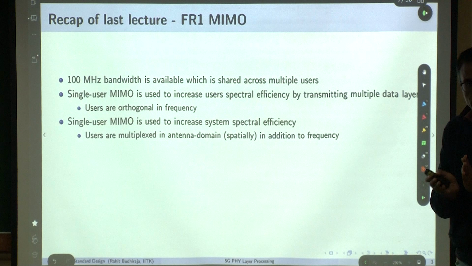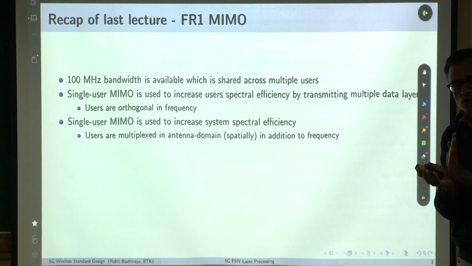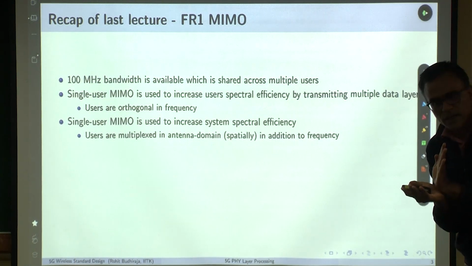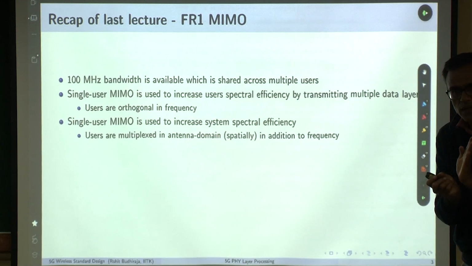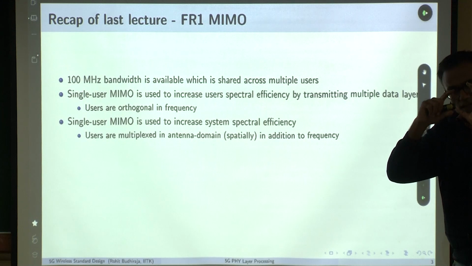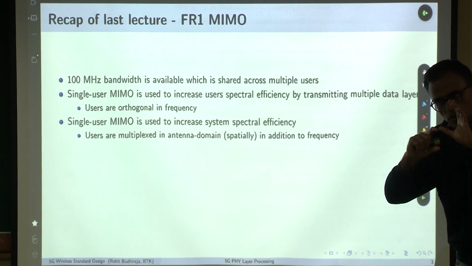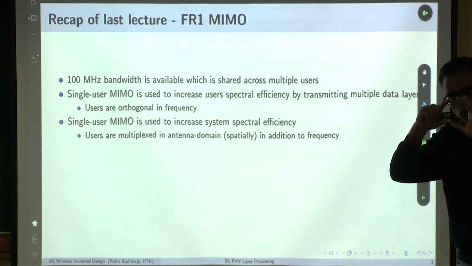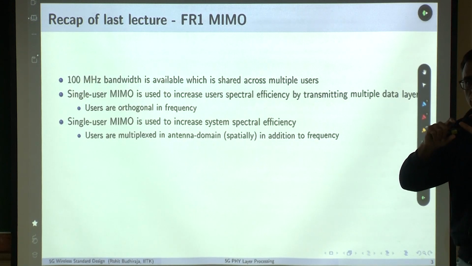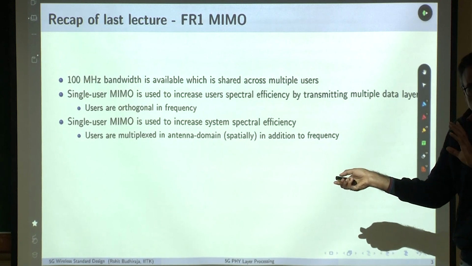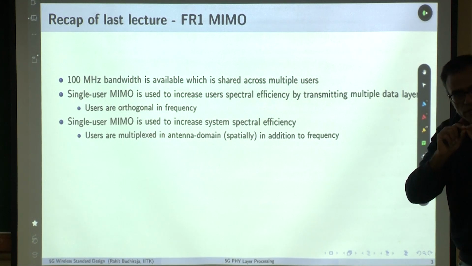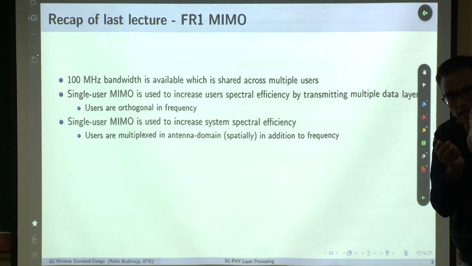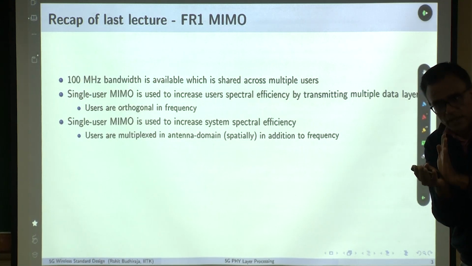So what are we doing here? We are multiplexing users over each PRB. What is happening in single user MIMO? You consider different users on different PRBs and do MIMO for them. In multi-user MIMO, you take different transport blocks of different users, multiplex them, and send them on the same PRB.